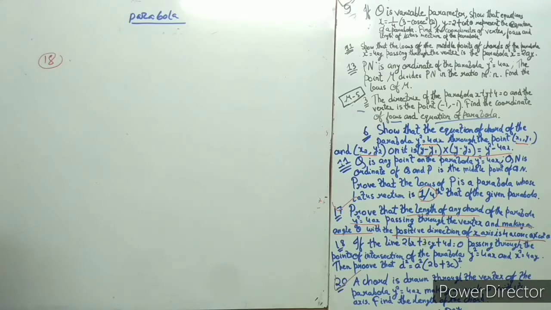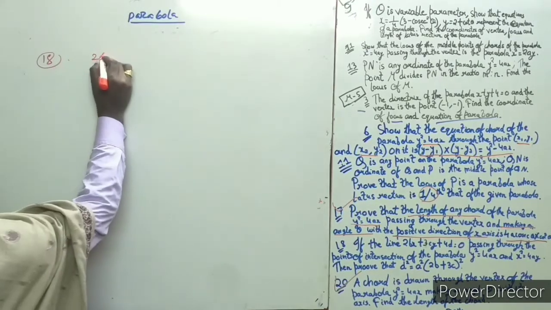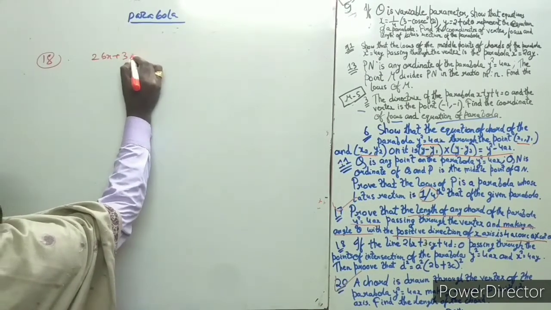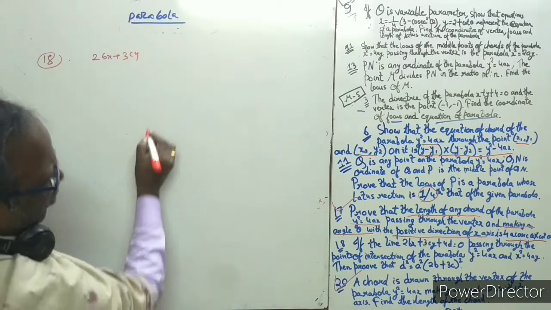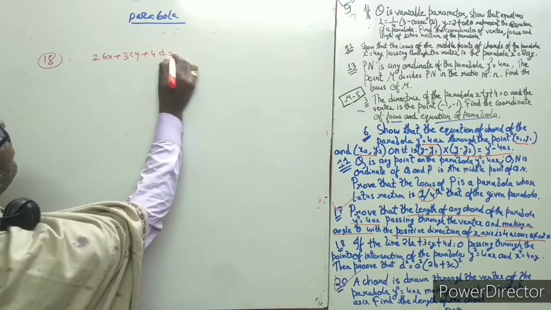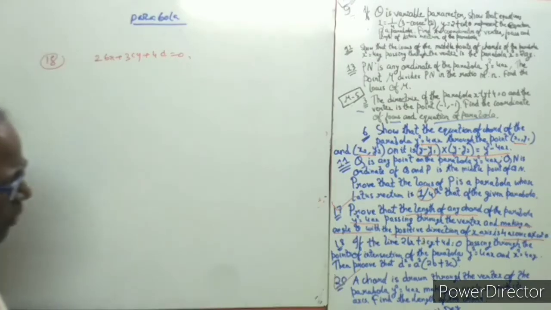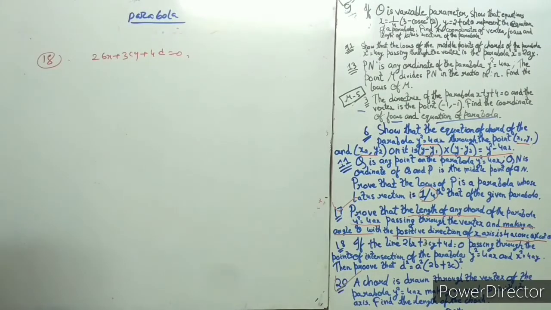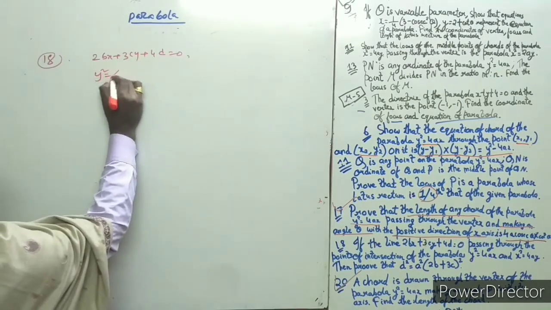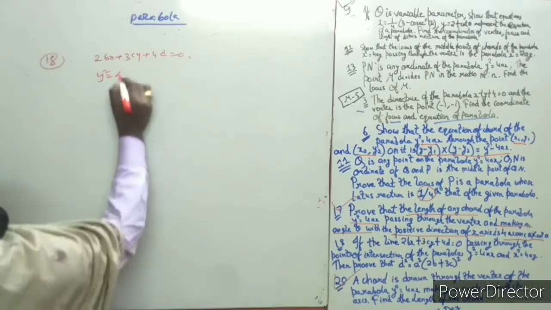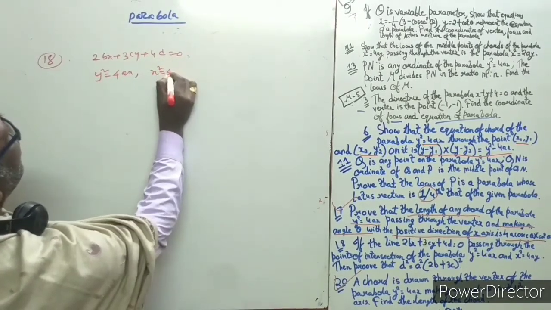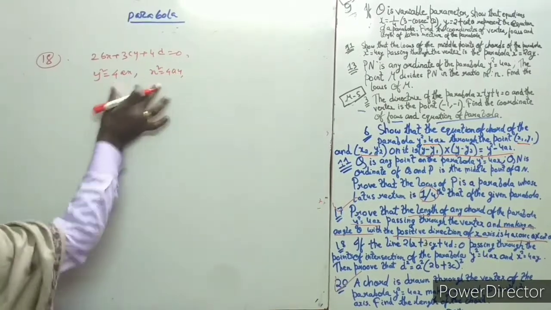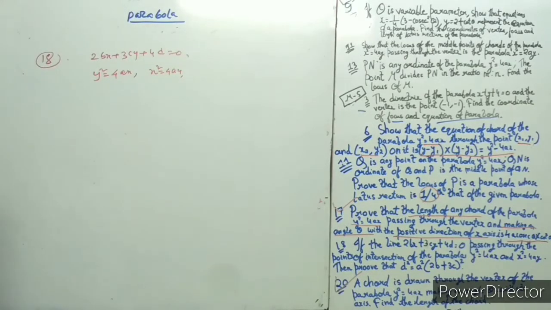Number 18, the straight line is given, 2bx plus 3cy plus 4d equal to 0, passing through the point of intersection of the parabolas y square equal to 4ax and x square equal to 4ay. And we have to find the point of intersection of these curves.